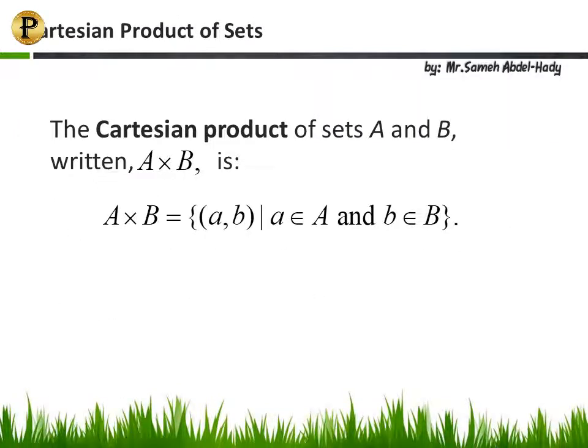Alright, let us now talk about the Cartesian product of sets. What about this concept, Cartesian product?